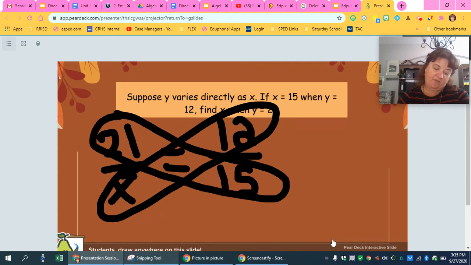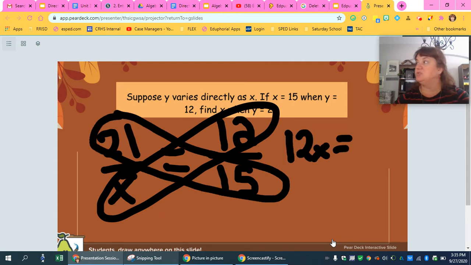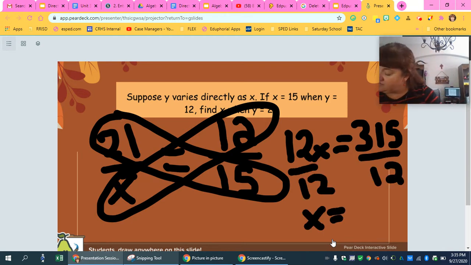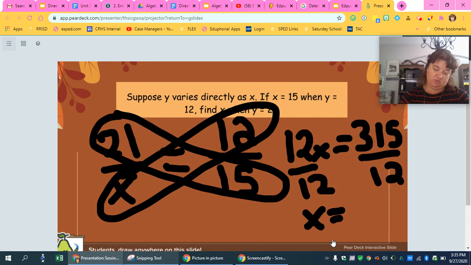So we have 12x equals, what's 21 times 15? 21 times 15 is 315. Then we divide by 12. X equals, using my handy dandy calculator, 26.25. There we go.